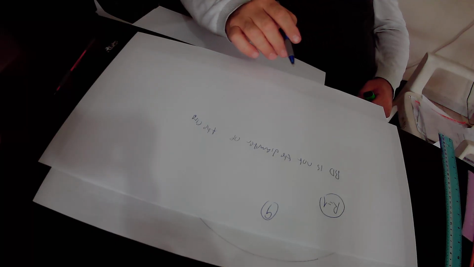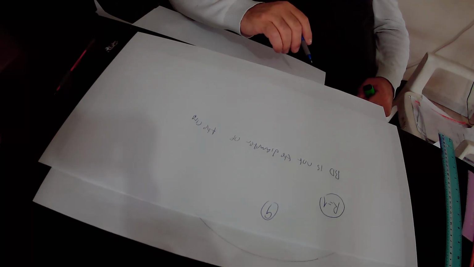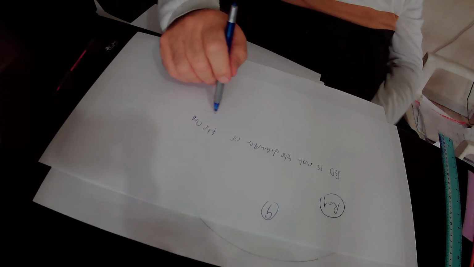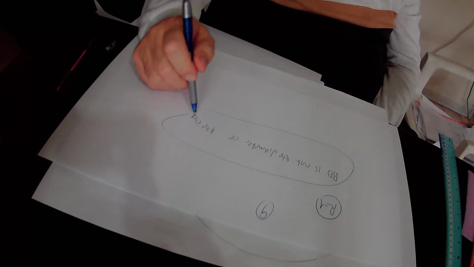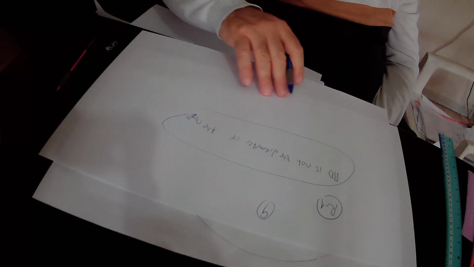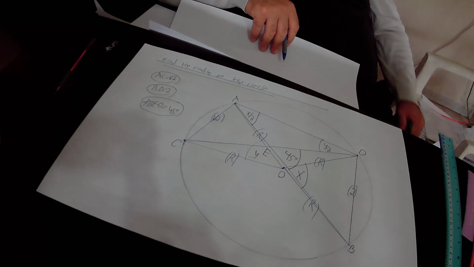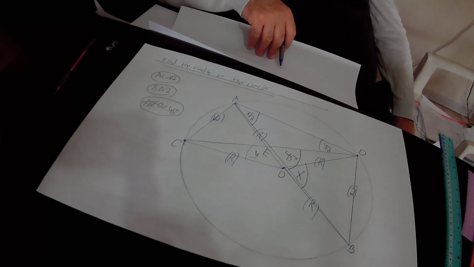Again, side BD or chord BD is not the diameter of the circle. And we also know that the diameter of any circle is the longest chord in the circle.